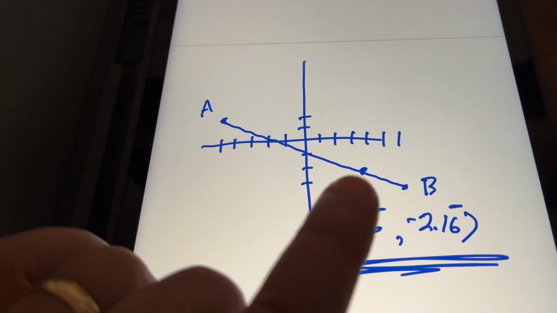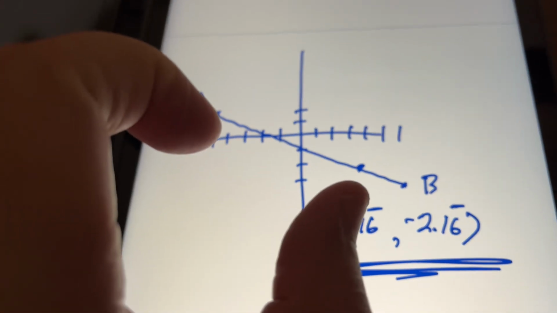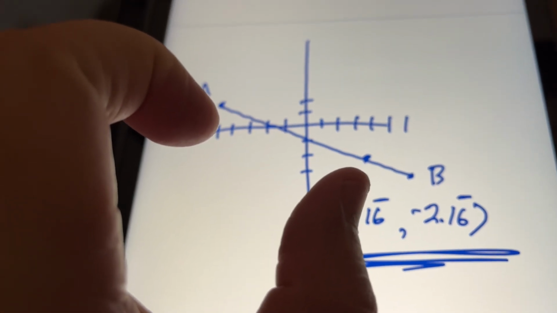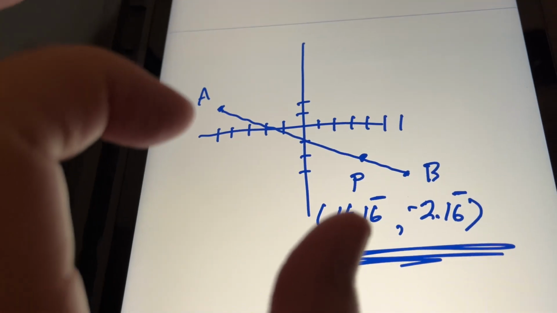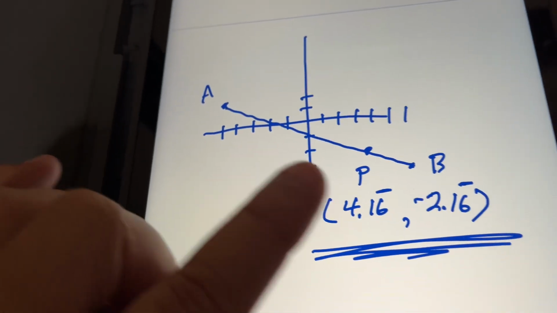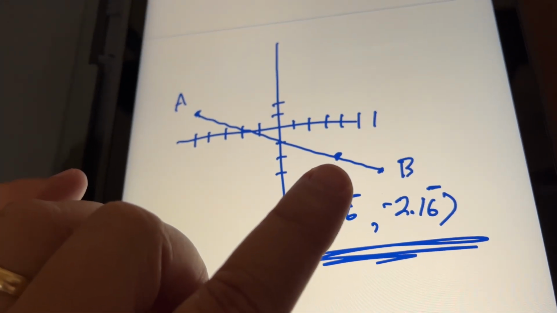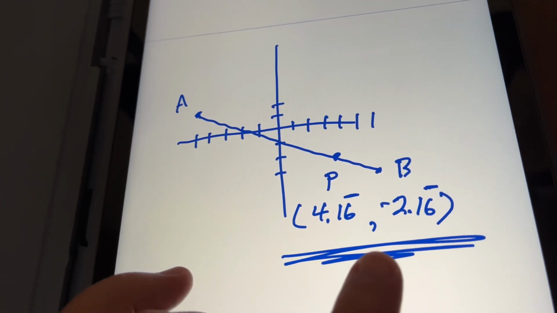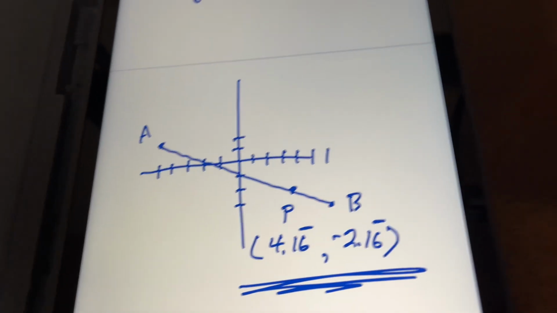I would place the point P about there so that this distance is about 5 times longer than this distance, because the problem says that A to P and P to B need to be in a 5-to-1 ratio. And so I would approximate that it's going to be about right there. Now, it just so happens my answer was incredibly accurate, but you can just eyeball this and kind of tell where it's going to be.